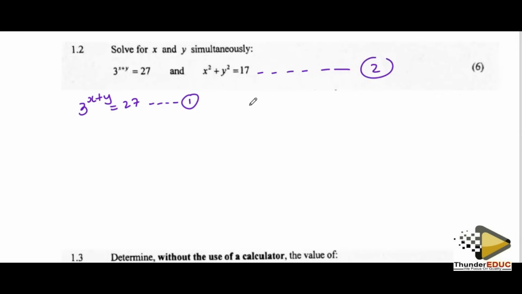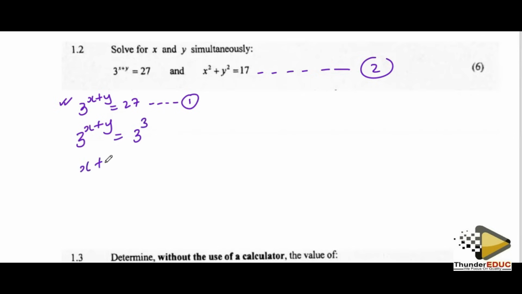So I need to create a linear equation between these two, and the easiest one is going to be this first one. Since it's in the form of an exponential, I can even write 27 as an exponential. So 27 will be the same as 3 cubed. The bases are the same, which means the exponents will also be the same.